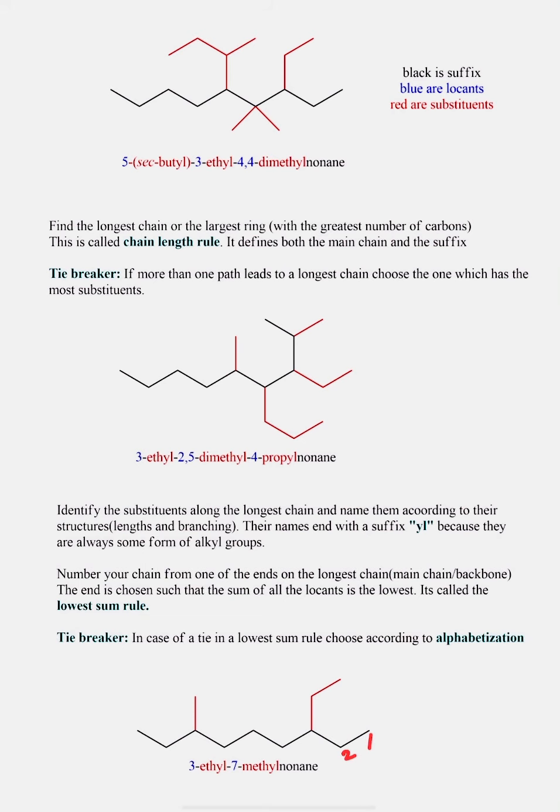So this is the correct way of numbering, because 3 is ethyl and on 7 is methyl, and not the vice versa, which is alphabetically incorrect. Okay, that's the tiebreaker for numbering. Let's go to the next slide.